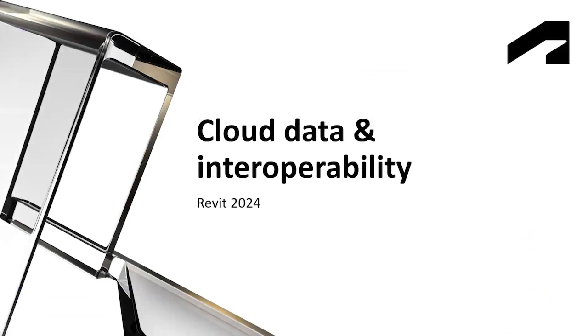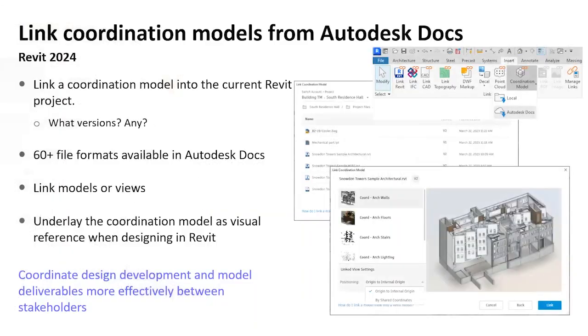So the cloud is where Autodesk is investing a lot of effort. We're going to be able to bring in our coordination models into Autodesk Docs. So a coordination model is generated from Navisworks, for instance. We can go ahead and take a coordination model, place it in Autodesk Docs, and contribute to it within Navisworks, and then also reference those coordination models into Revit.